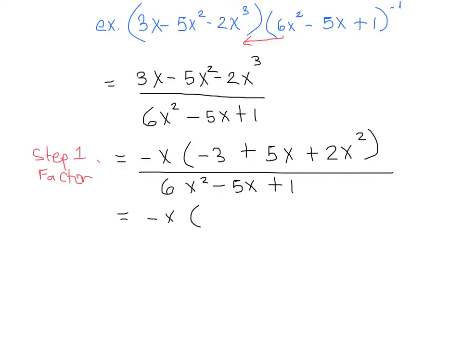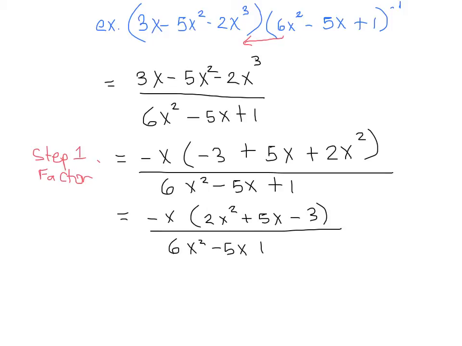Ax squared plus bx plus c. That's the way we're used to seeing it. All right, so we have 2x squared plus 5x minus 3 over 6x squared minus, and all I'm doing is rewriting once again. And now we are ready to finish factoring.